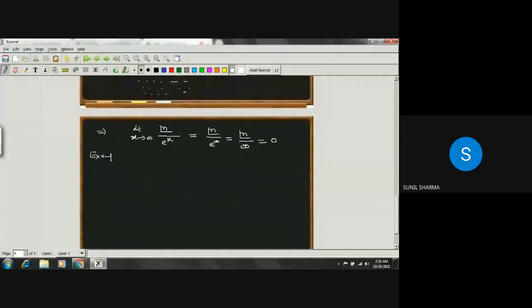Okay. Example number 3. Evaluate limit x goes to 0 of log x square divided by cot square x.